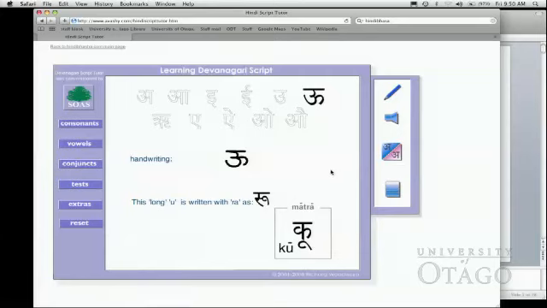We have studied all 6 vowels for the first class.